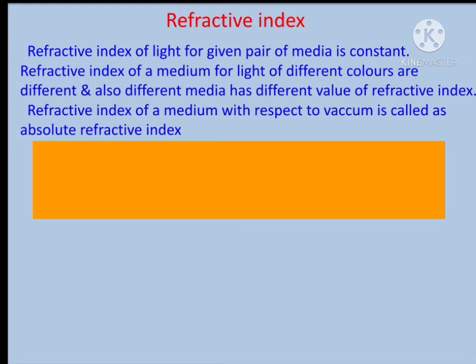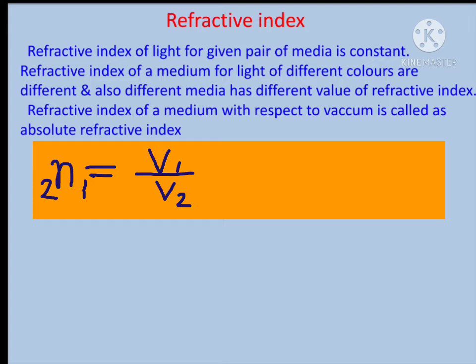If light rays pass from one transparent medium to a second, then the refractive index of the second medium with respect to the first is written as 2n1 equals v1 upon v2. v1 is the velocity of light in the first medium and v2 is the velocity of light in the second medium.